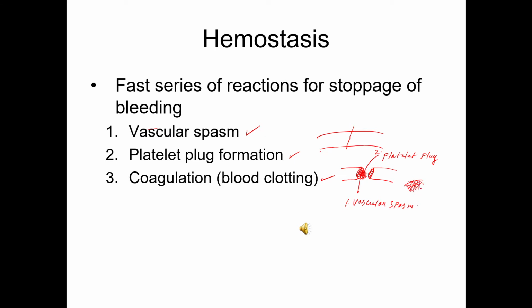So these are fibrin threads, and they will form a net, and that is the clot formation by the fibrinogen. So those are three steps of hemostasis or stoppage of bleeding.